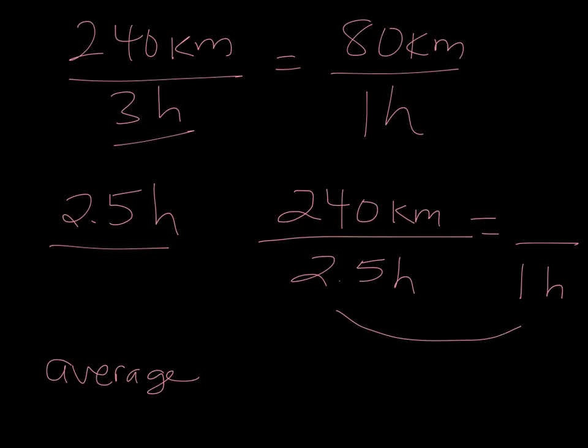So now how do I move from 2.5 to 1? Well, I divide by 2.5. Need the same scale factor up here. Divide by 2.5. And 240 divided by 2.5 is 96. So 96 kilometers. So which means 240 kilometers in 2.5 hours, the average rate would be that I drive 96 kilometers per hour.